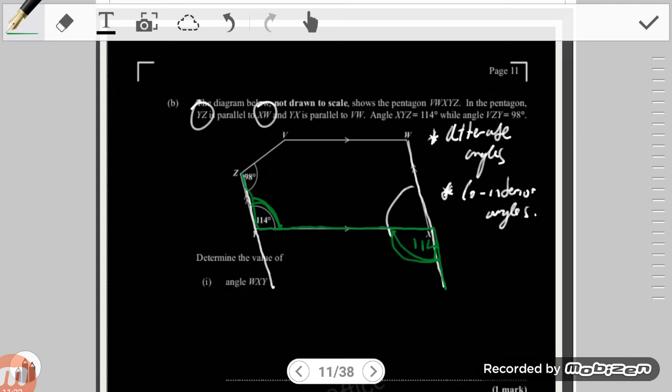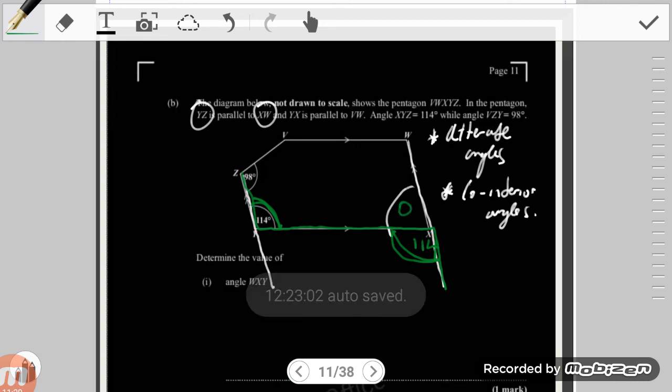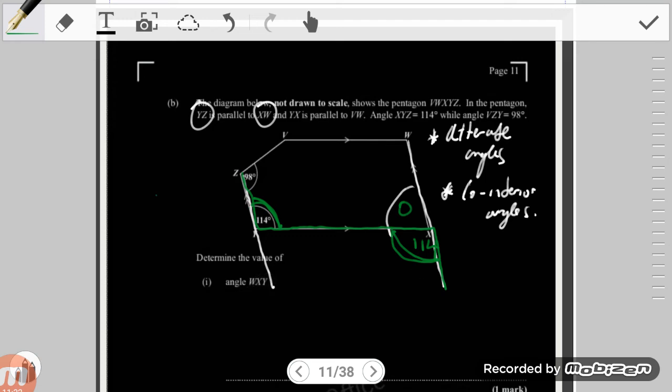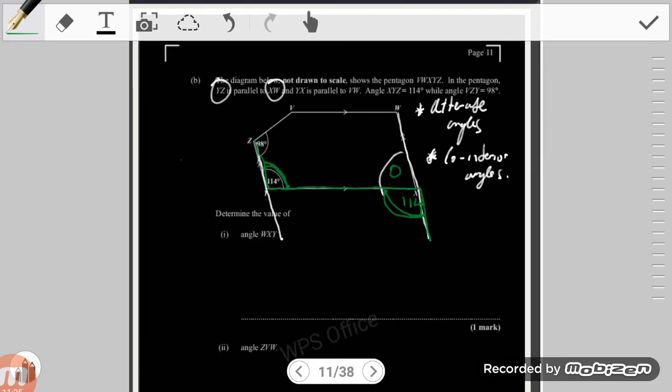So I'd have to write that first. And then to find this angle here is just taking the 114 from 180. So that's one way of using the alternate principle. Let's do that. It's just one mark, so we can choose either method. I'm going to show you the other method shortly.